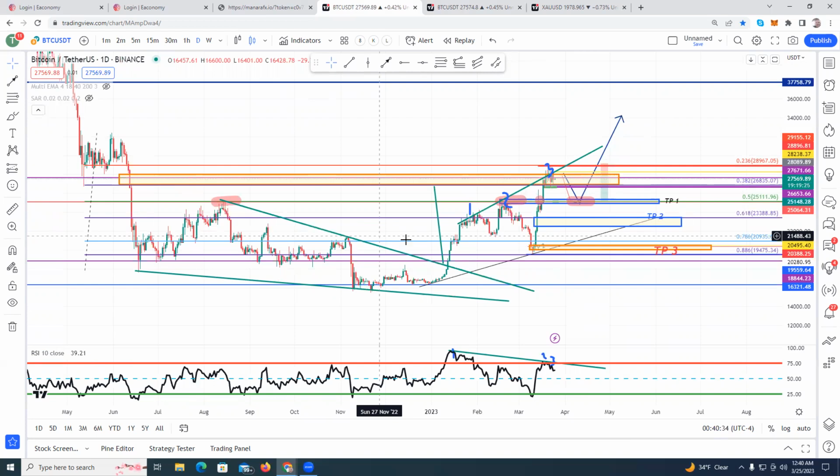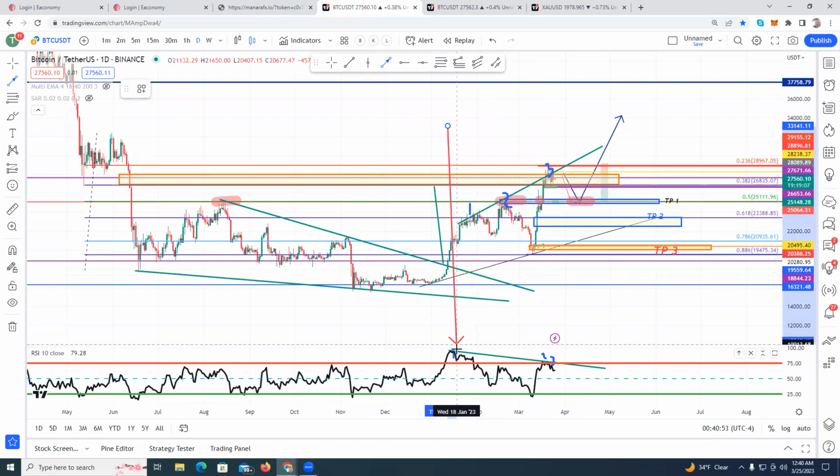Now, another confirmation is that we are at the top of a resistance of our channel on the daily time frame, right? We have a resistance here, touched 1, 2, and then this will be the third time. Now, I want you to pay attention because price action's creating higher highs, but our RSI is creating lower highs, right? It created the high here, and then 2 consecutive lower highs.